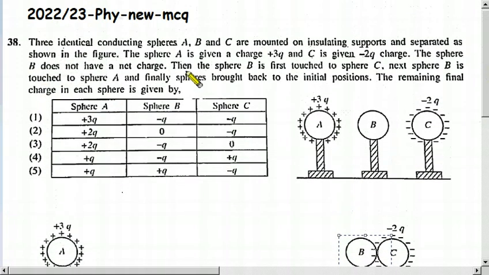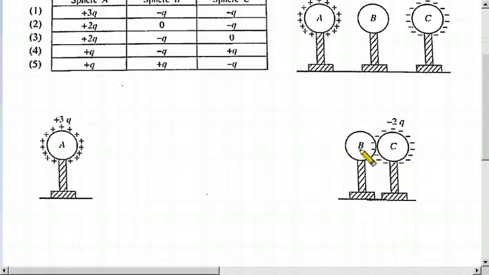Now, first the sphere A is given a charge, the sphere B does not have any, then sphere B is first touched to sphere C. If we touch this sphere to C like this, what happens? Since the capacitances are equal, the charge that is on C is distributed between both the spheres. So some charge I delete here, and I add it to this one as well.